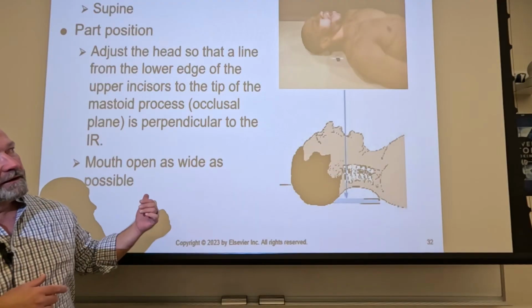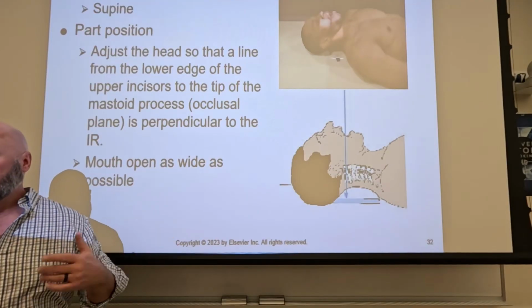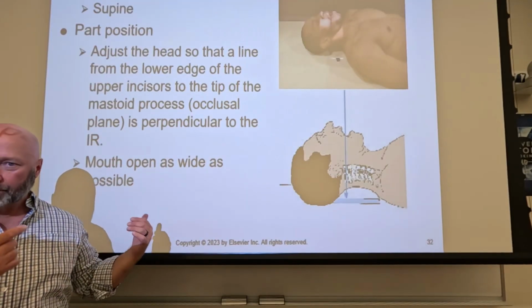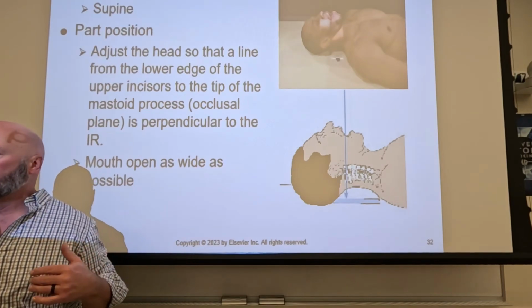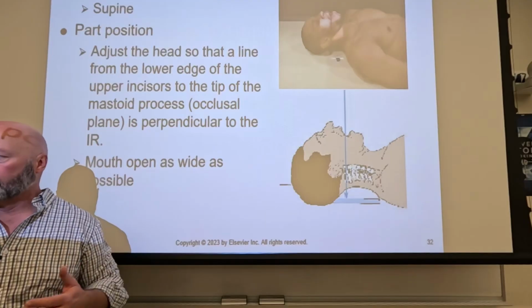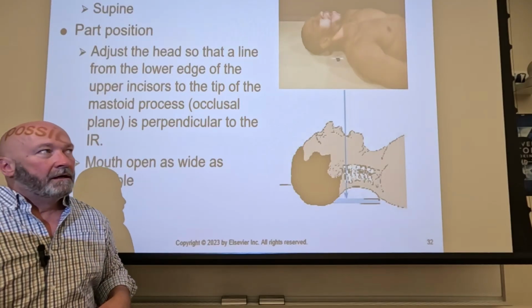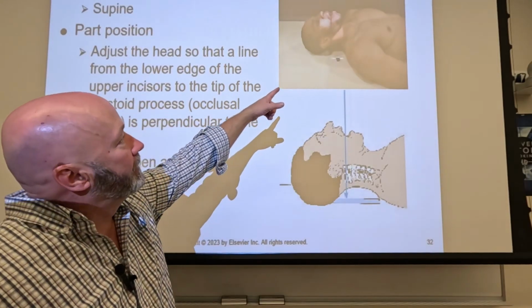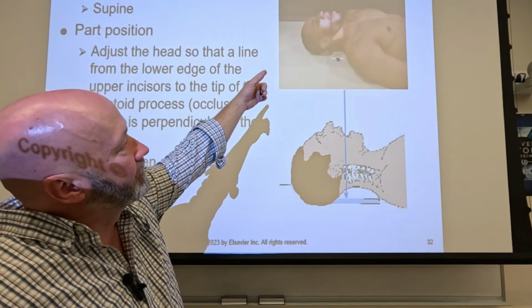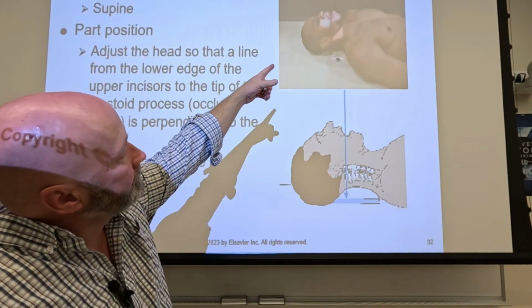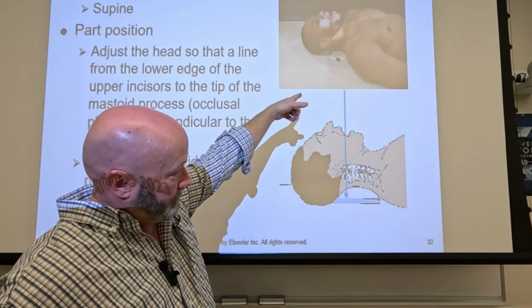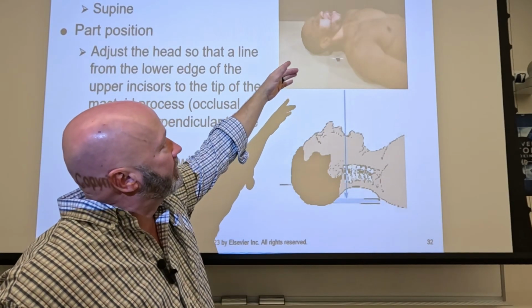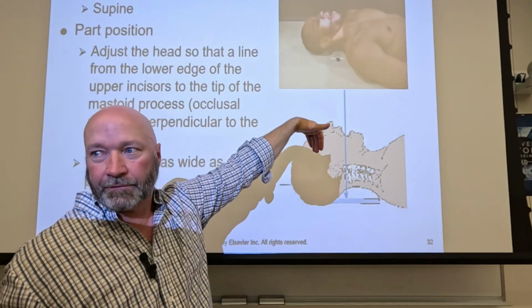So if you're lining up for any C-spine view, with the exception of the Fuchs, the acanthomeatal line needs to have a relationship to something, okay? So we've got here, they've got his chin extended a little bit too far back, but if his acanthomeatal line was vertical, then it would be perpendicular to the image receptor.